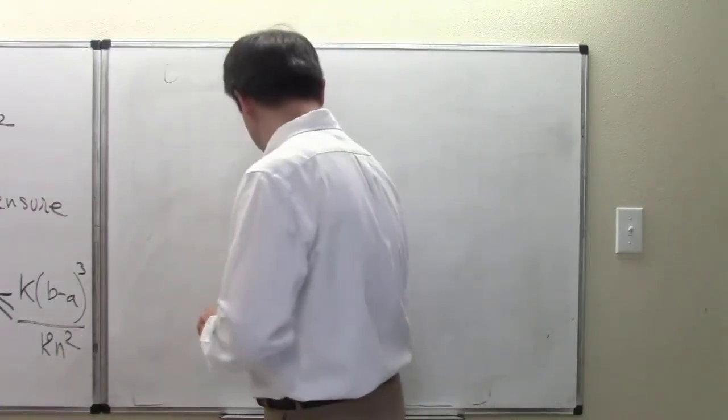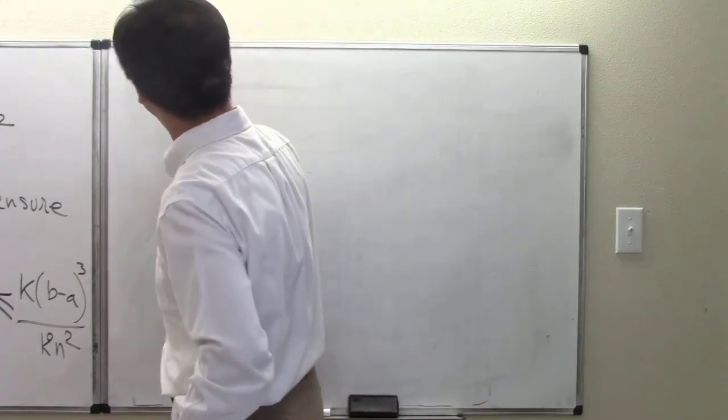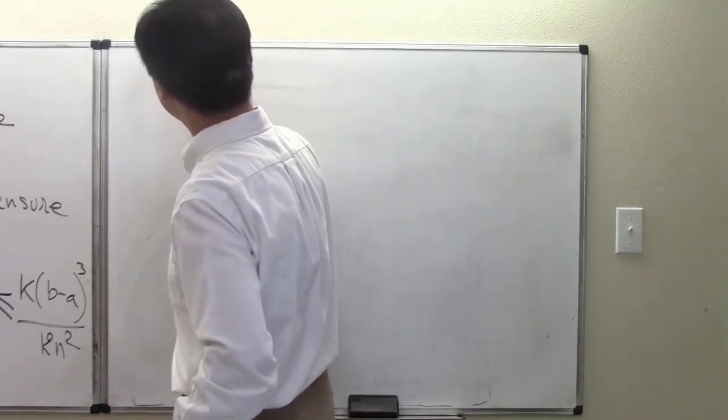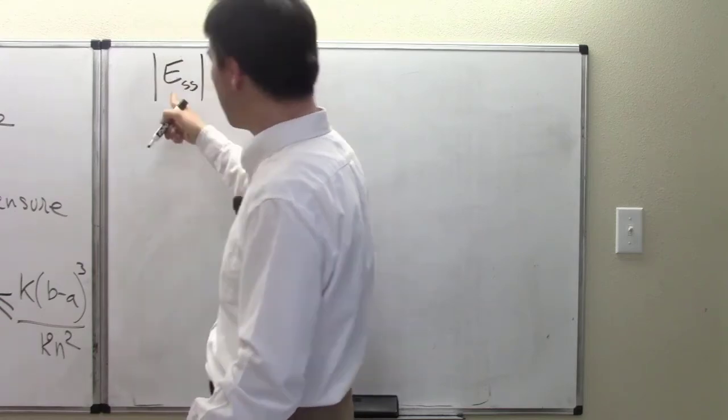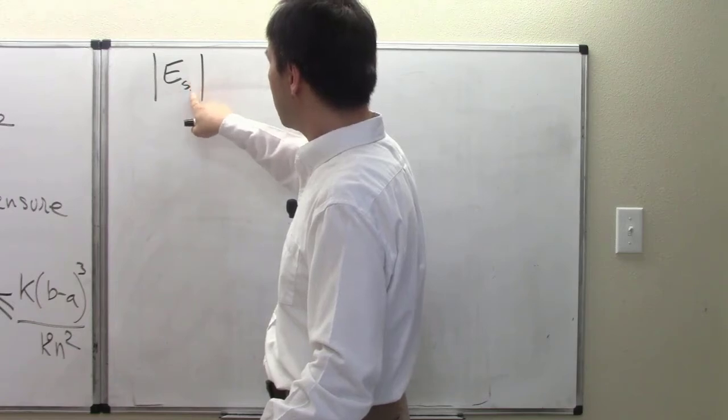The amount of error produced by Simpson's rule in absolute value, E_S, or I believe earlier I was using E_S.